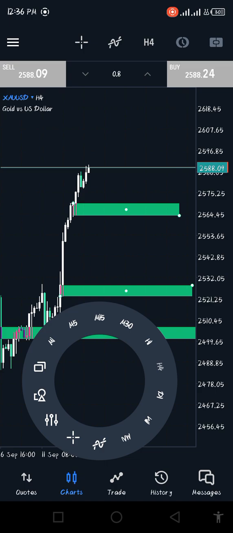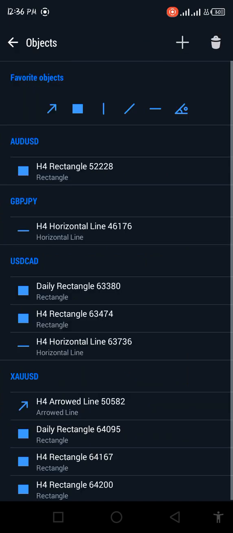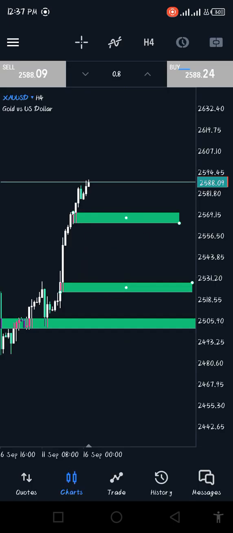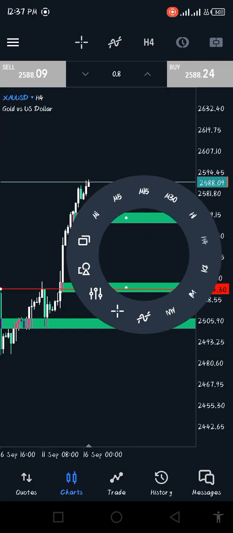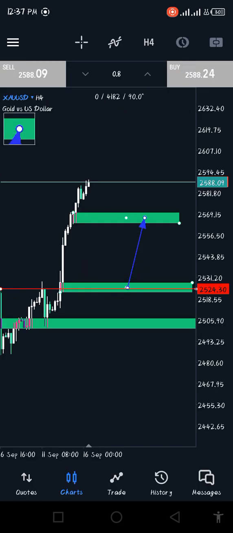So where do you think we can have the take profit if price gives us a buying opportunity from this zone? Then we can have a first TP in this zone, and we can hold the rest of the positions, guys.